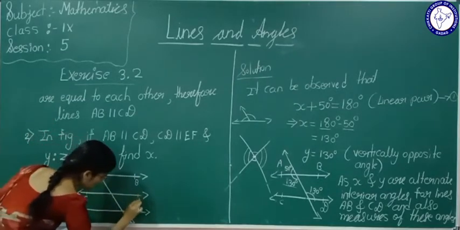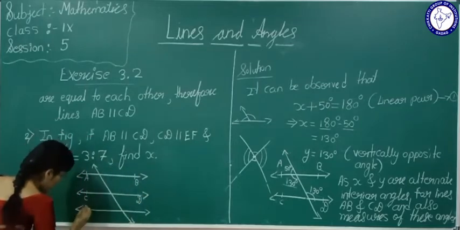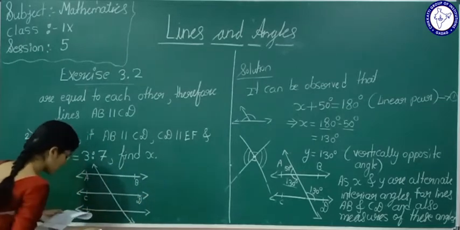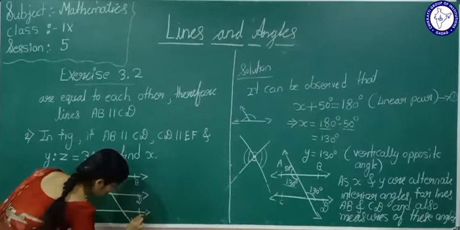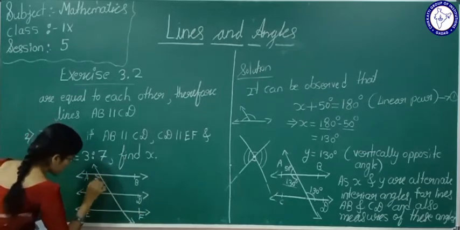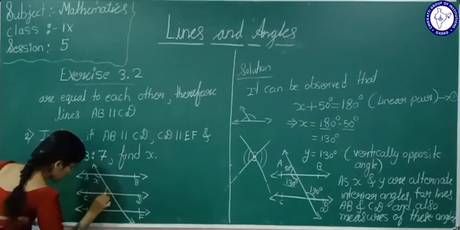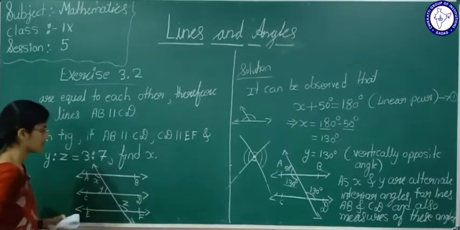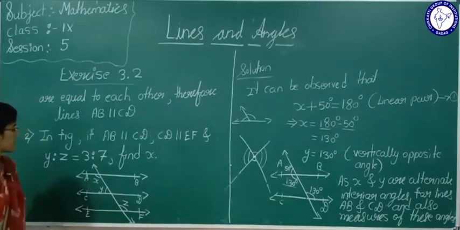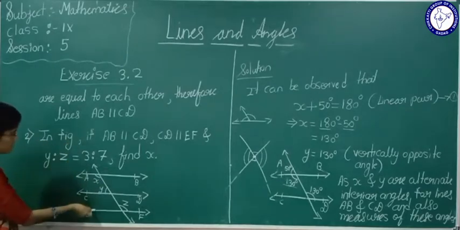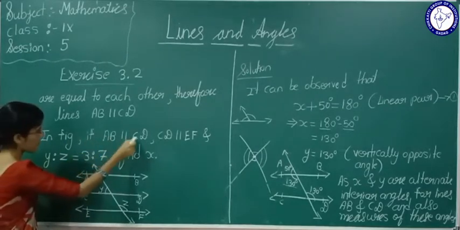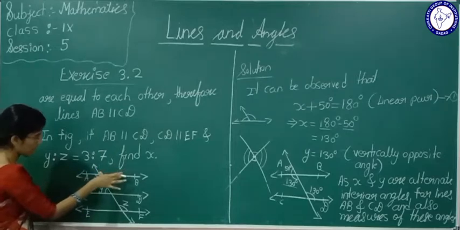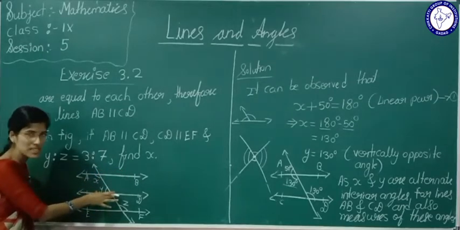AB is a line, CD is a line, and EF is a line. Here it is X, Y, Z. Now see here students, in the figure, if AB is parallel to CD, this line AB is parallel to line CD.